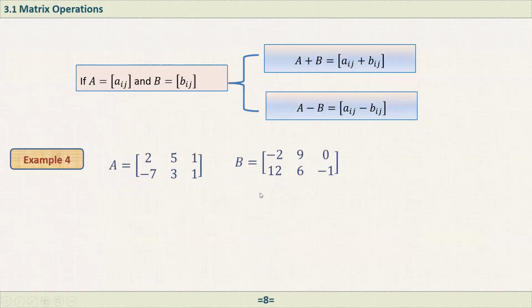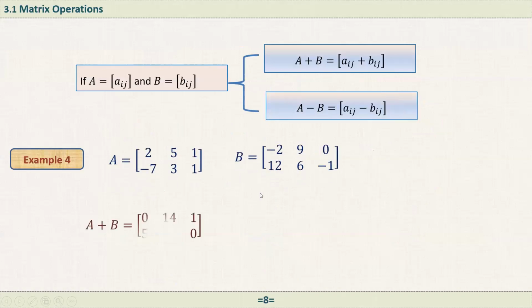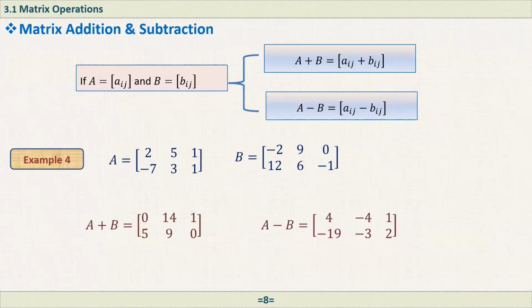The first operation about matrices is addition and subtraction of two matrices. How do we add or subtract two matrices? First, to be able to add or subtract two matrices, they must have the same sizes, the same orders or dimensions. To add two matrices, we just add their corresponding entries.